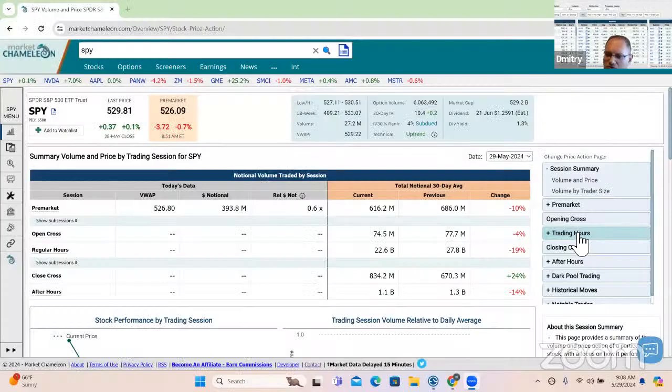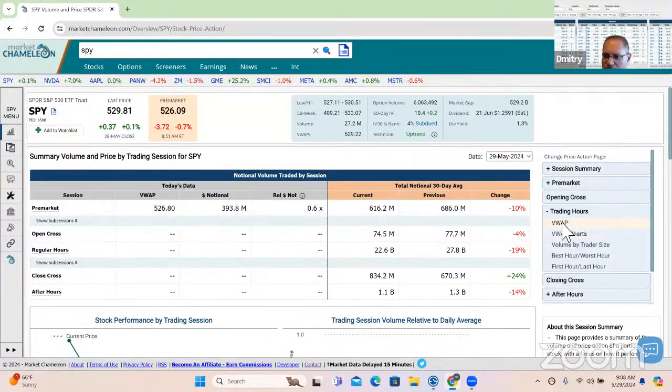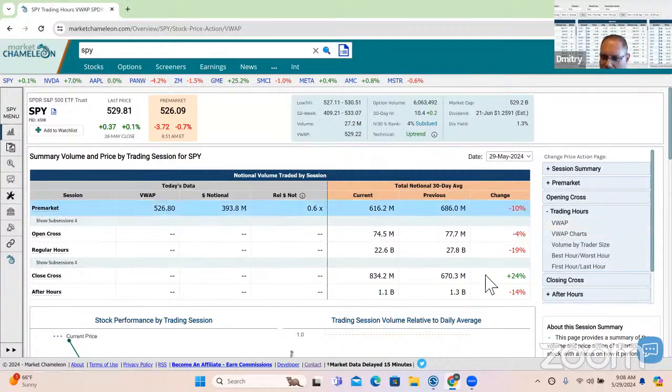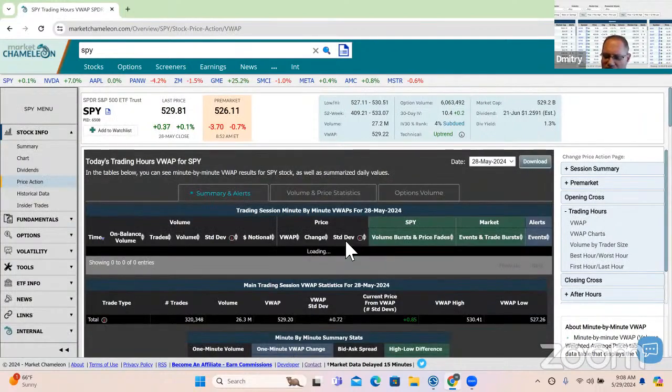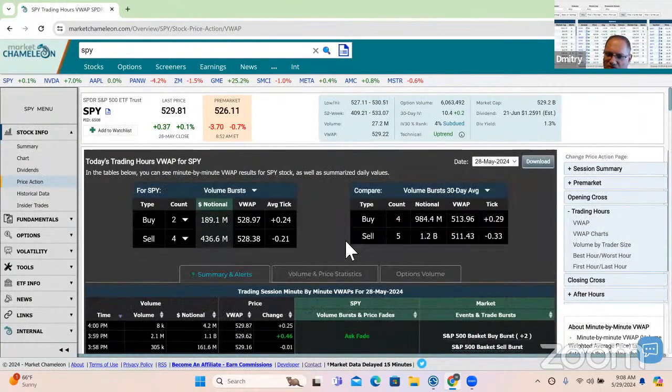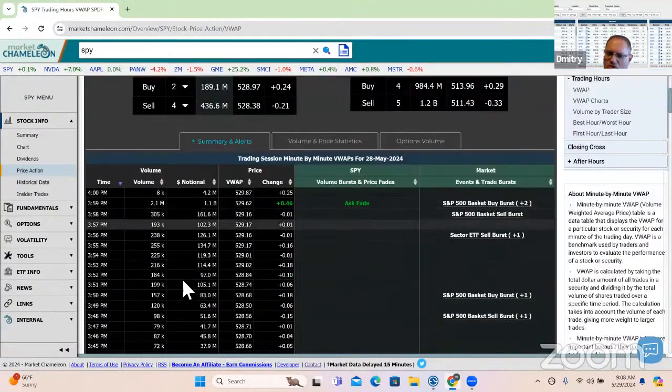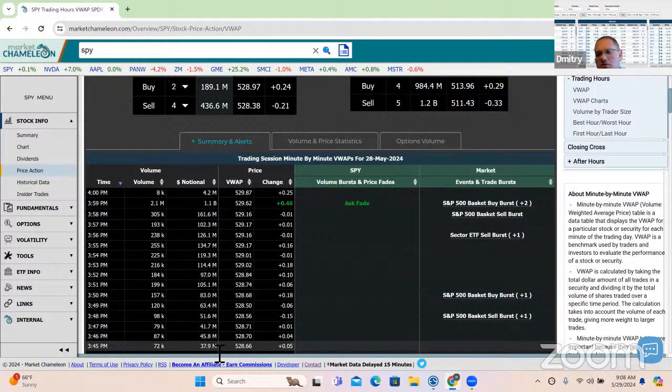So I'm going to go over here on SPY. We're going to go to our VWAP table. And one of the things that we discussed before was a volume burst. This VWAP table shows minute by minute price action and volume action.